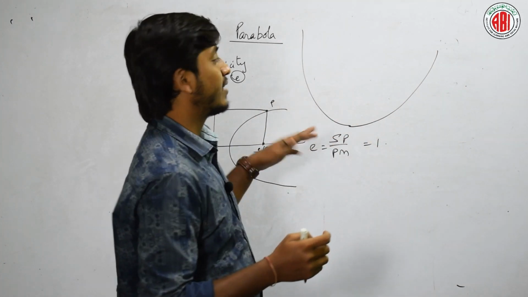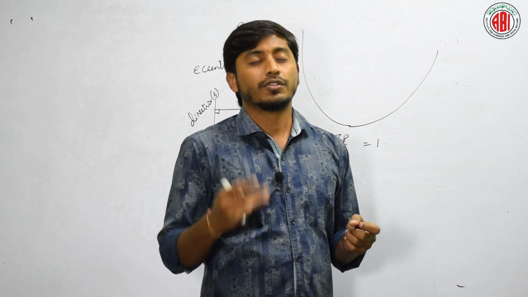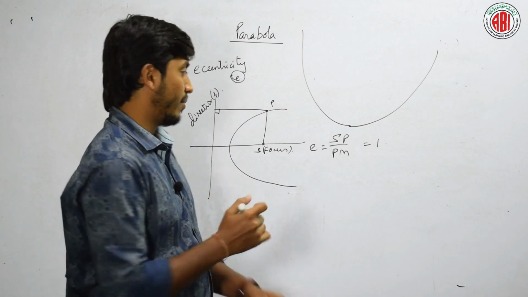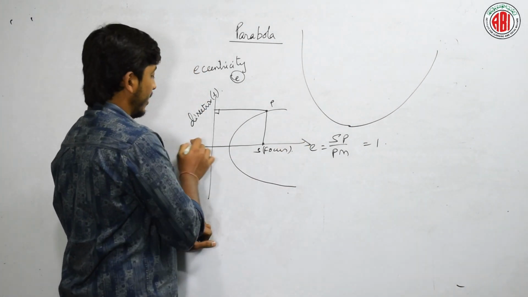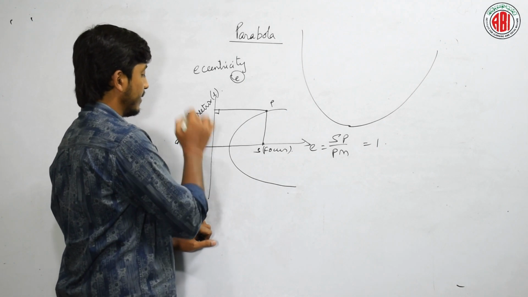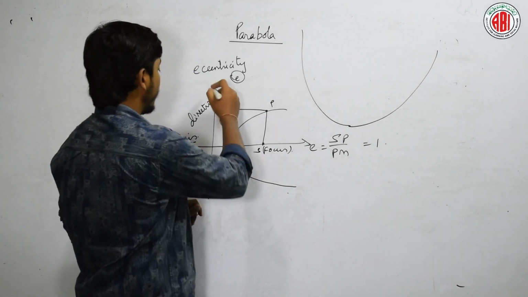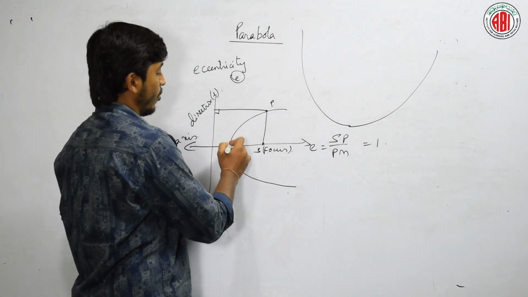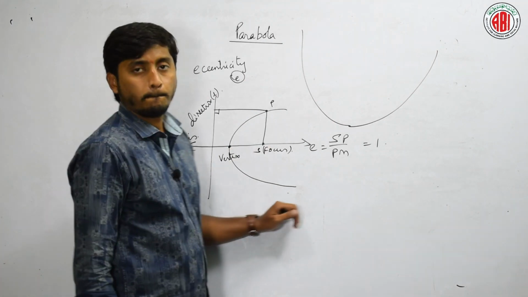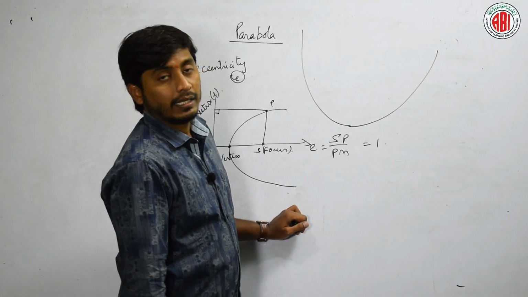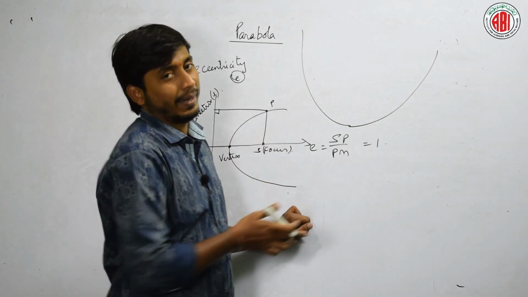Based on these things we are going to learn many more things about the parabola. What we have to remember in a parabola is that it lies on a particular line called the axis, which is basic for a parabola. This line is the directrix, this is the focus, and this point is called the vertex. These are the basic definitions you have to remember.